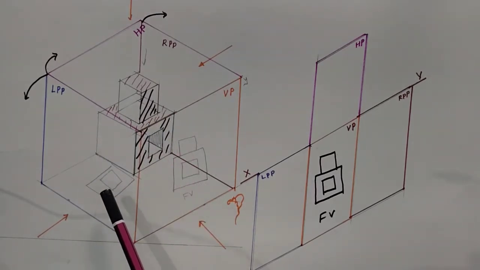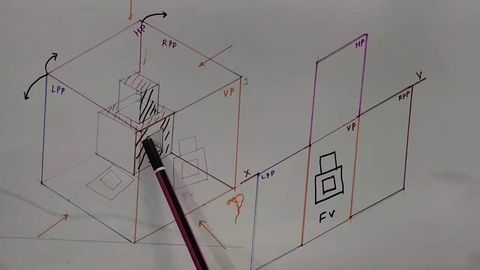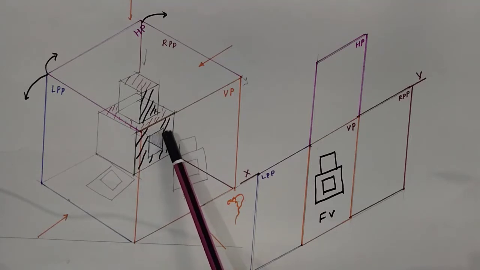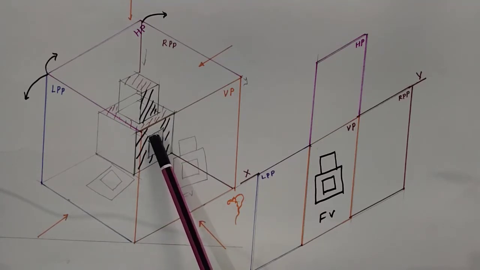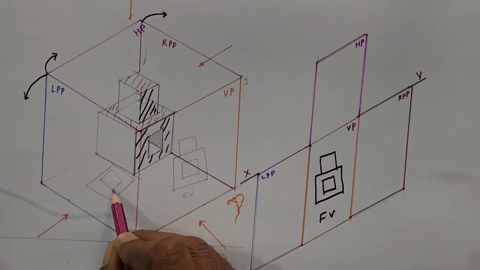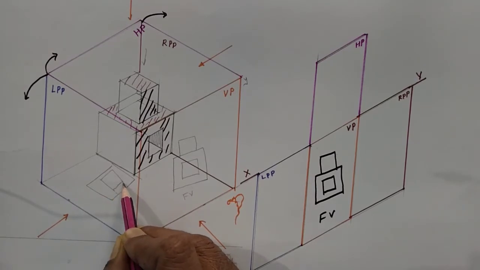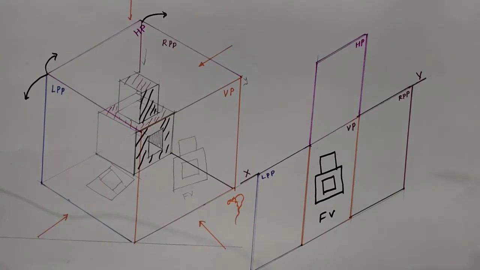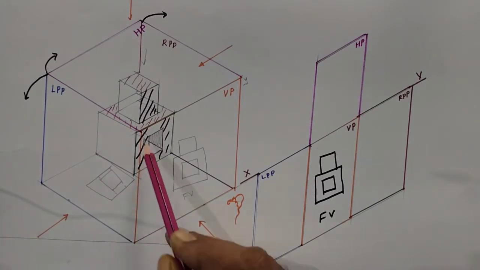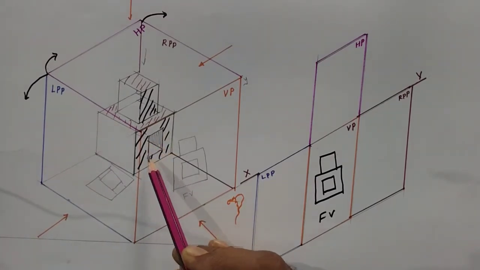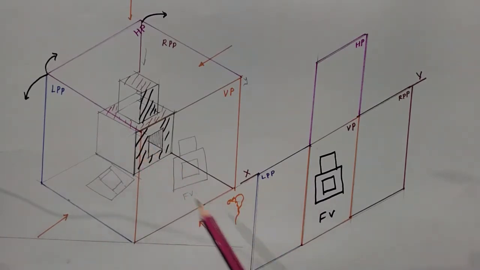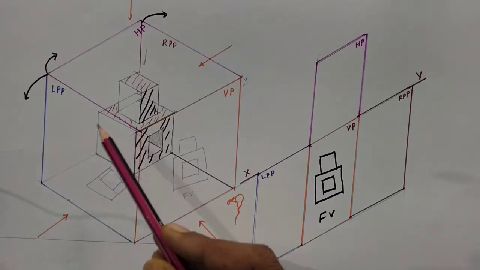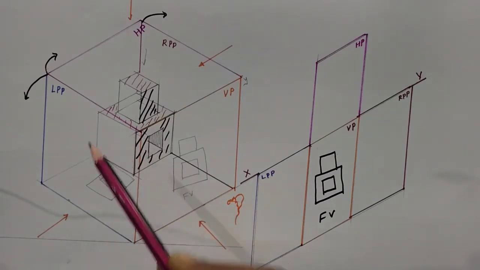But this square hole is not visible, so it is shown as a dotted line on our top view. And your square hole is perpendicular to the VP direction, the vertical plane orientation, in the elevation direction.